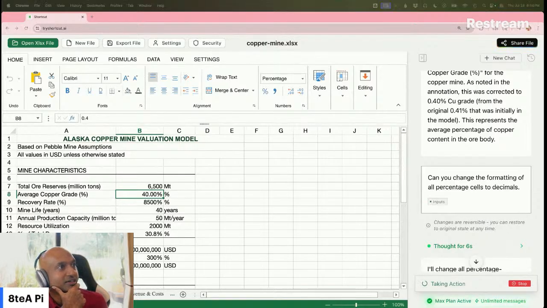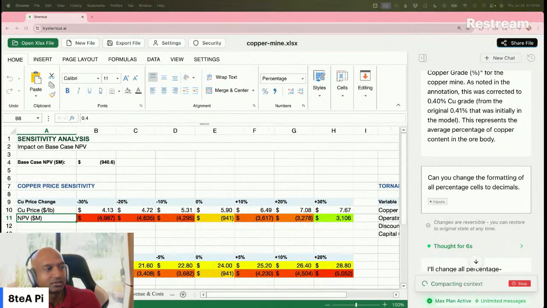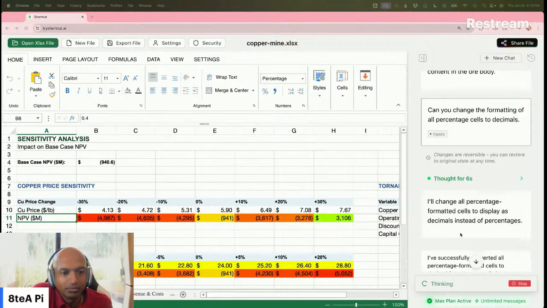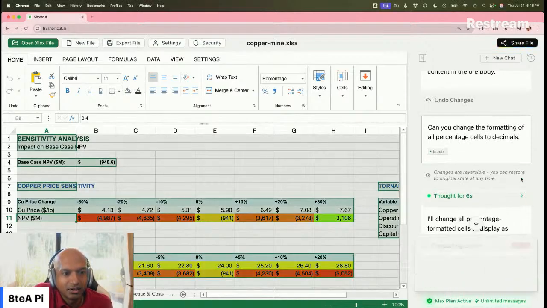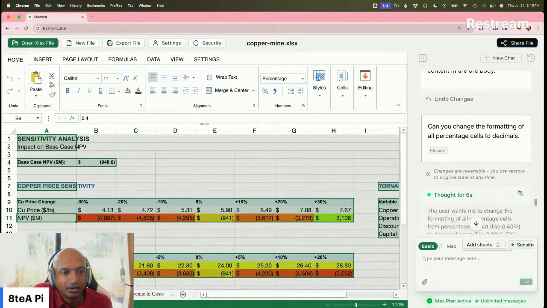Let's see if it works. What do we have? I'll change all percentage formatted cells to display as decimals instead of percentages.